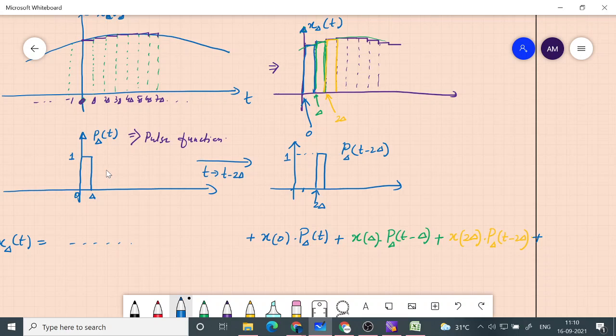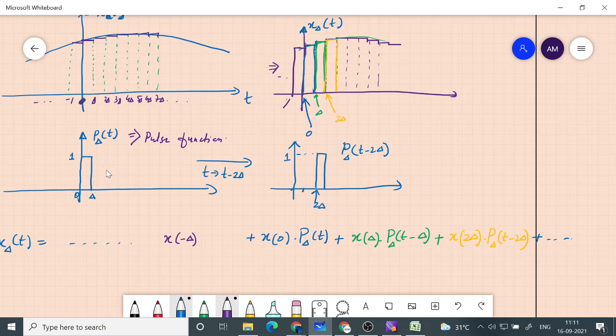Yes, sir. So now I can do this exercise to the left also. Let me take another color. If I extend this, it will be like this. This will be the slice here. That slice, the purple slice, is basically x of minus delta.